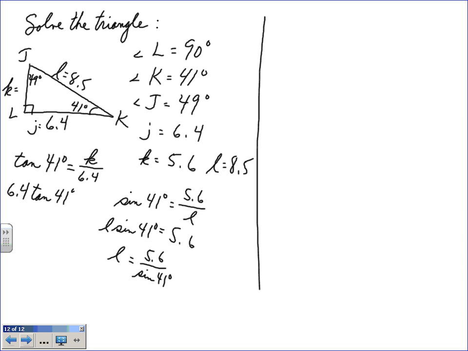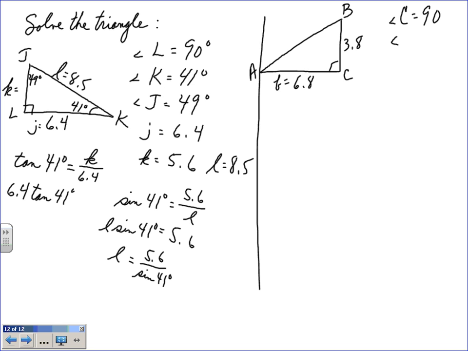All right, let's take another triangle here. Solve the triangle. All right, angle C is 90 degrees.